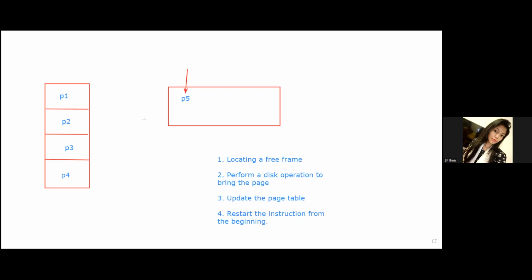We have to replace something here, P1, P2, P3, or P4, take it out, and then put P5 into our memory. Choosing which page to replace is basically what happens in page replacement algorithms. So that is the context. Let's look at the algorithms.